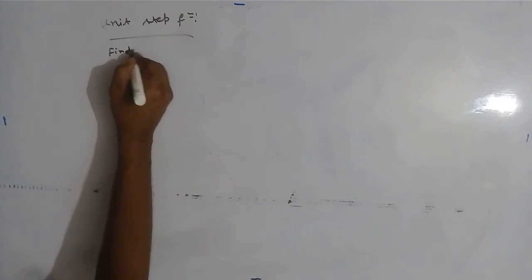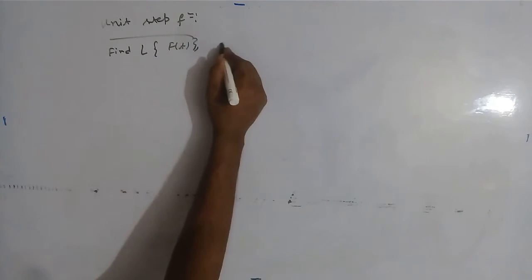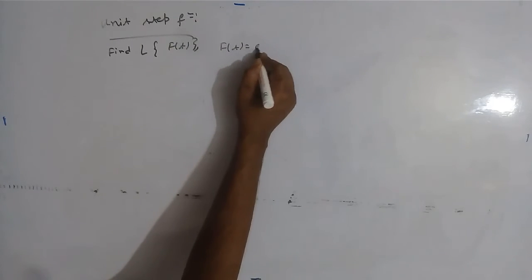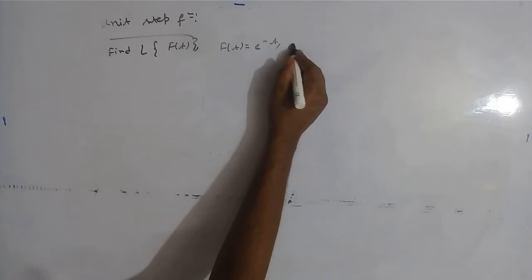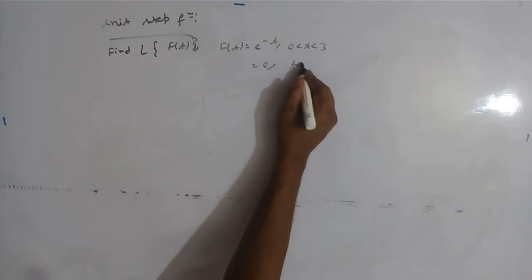Find L of f of t where f of t equal to e to the power minus t where 0 less than t less than 3, equal to 0 when t greater than 3.